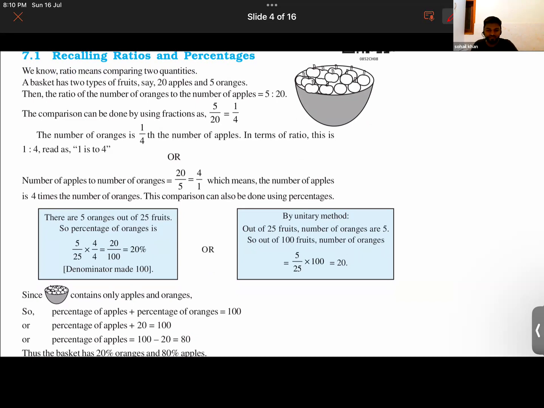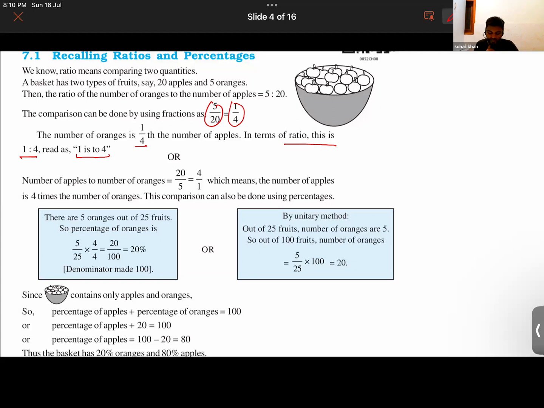That is clear, right? Moments ago we talked about how this comparison can be represented as a fraction. So you simply divide and get the fraction 1 upon 4. So in terms of ratio, it is 1:4.